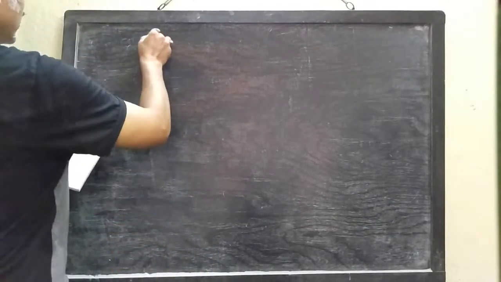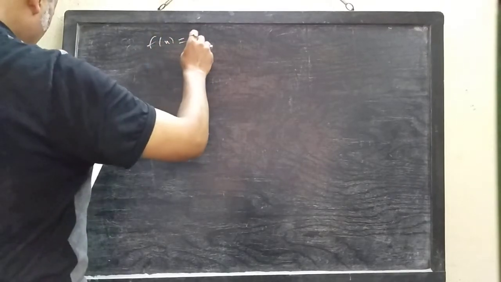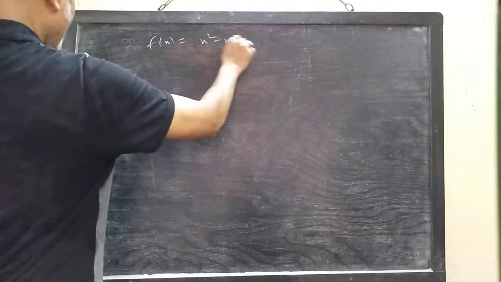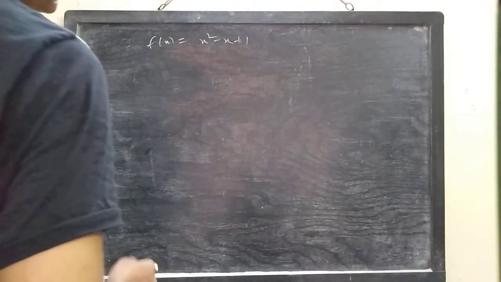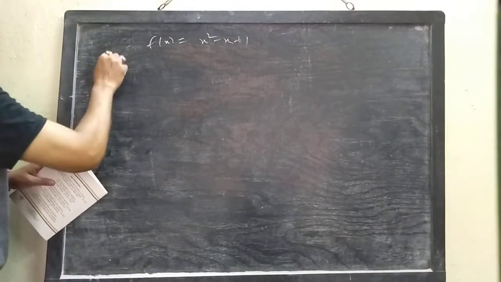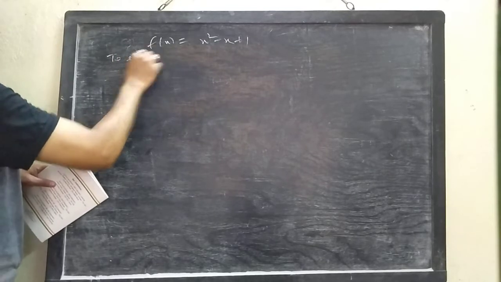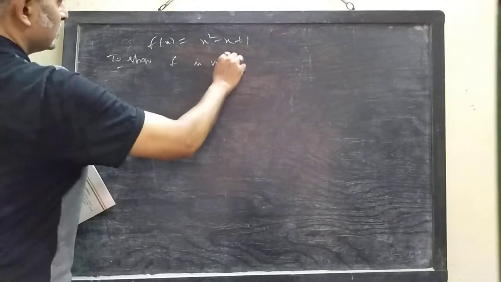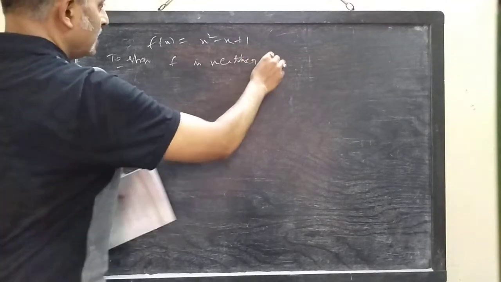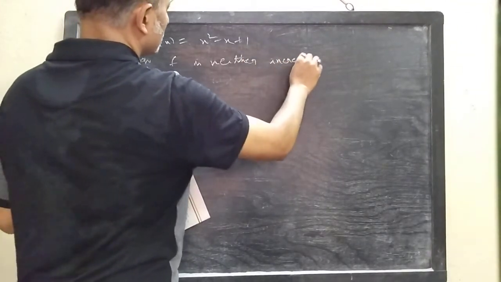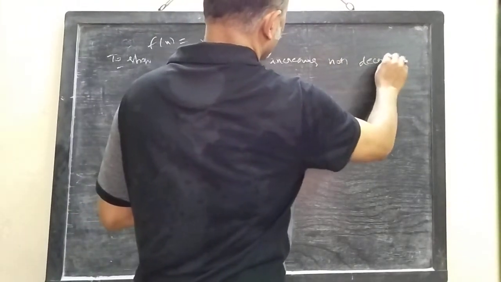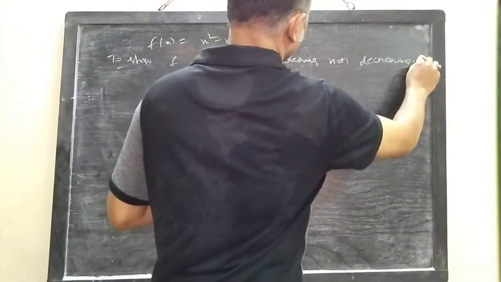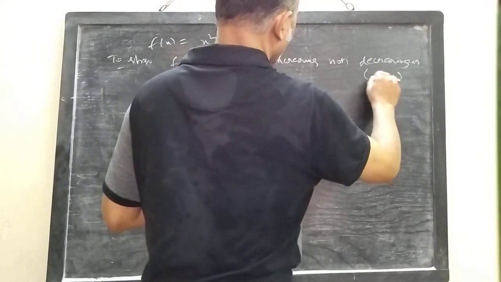Now in this problem, a function f is given by f(x) equals x square minus x plus 1, and you have to show f is neither increasing nor decreasing in open interval minus 1 to 1.